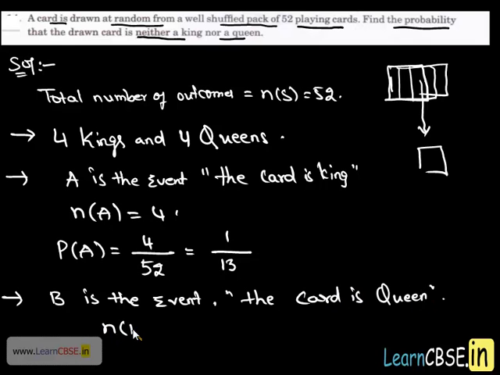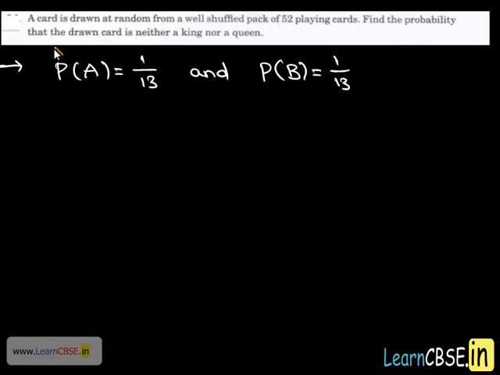The number of favorable outcomes to event B is 4 and the probability of event B is 4 upon 52, which is equal to 1 upon 13.